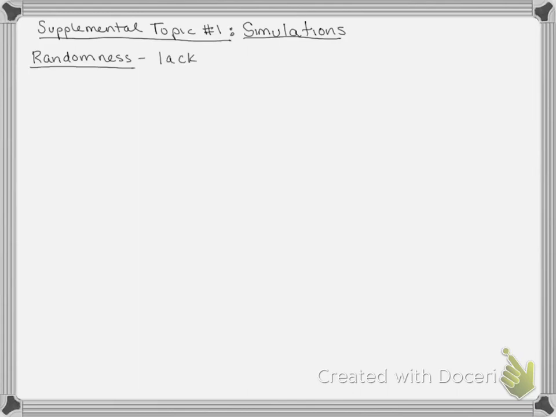Randomness usually, a nice way of saying it, is a lack of a pattern. You could also say unpredictable events, right?